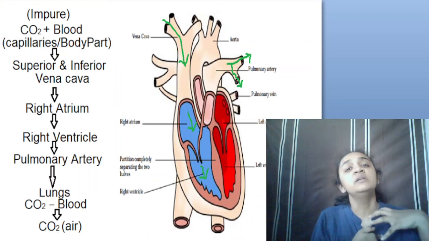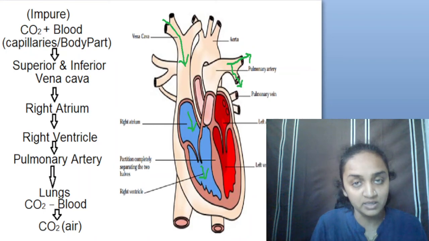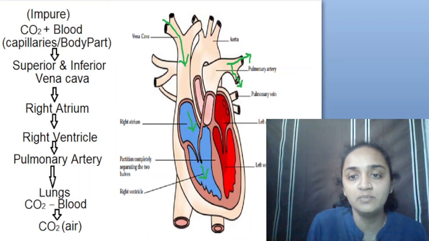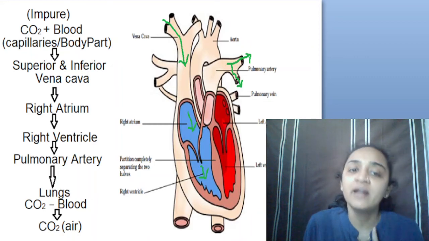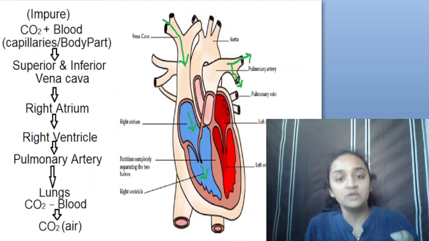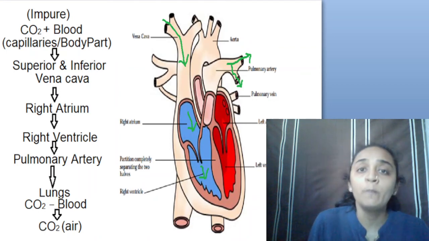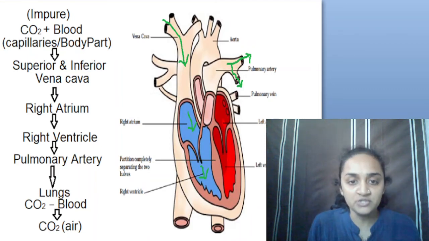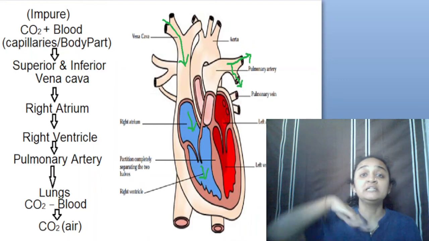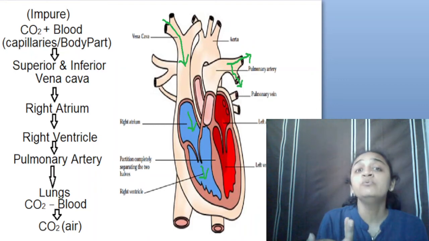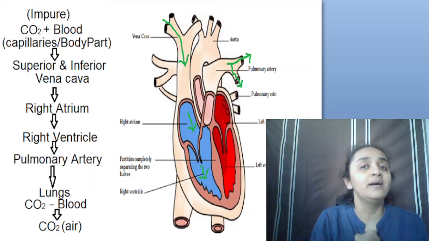The heart will get that carbon dioxide blood first into the right atrium and then the lower part, which is the ventricle. So from atrium to ventricle, that carbon dioxide blood will reach, and then to release that carbon dioxide from our nose or mouth, it needs to reach the lungs.